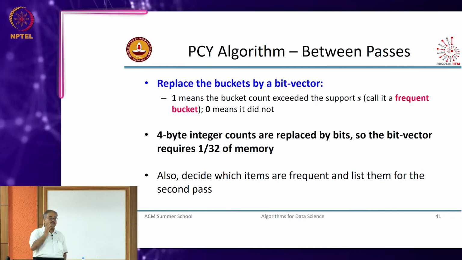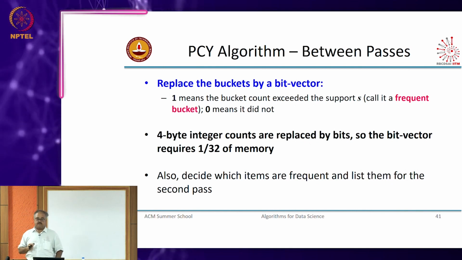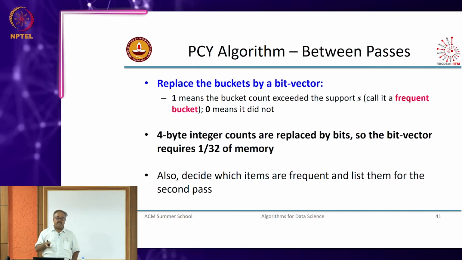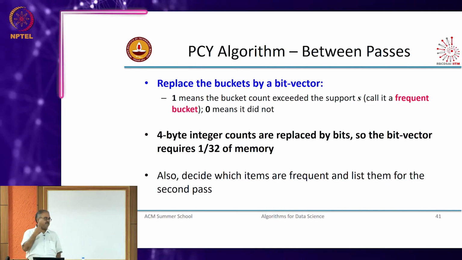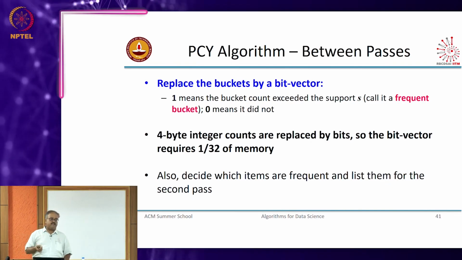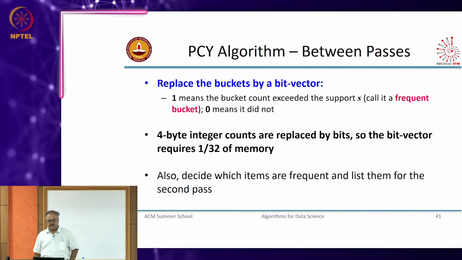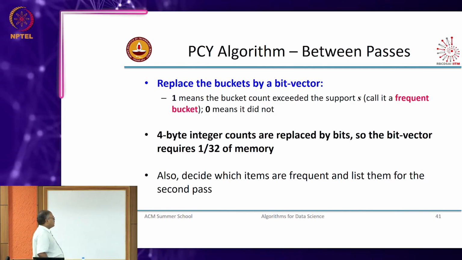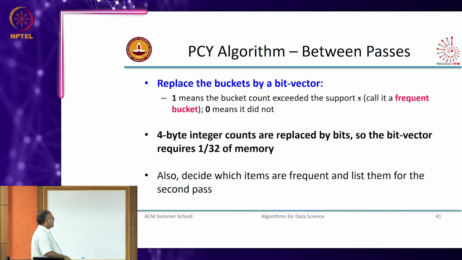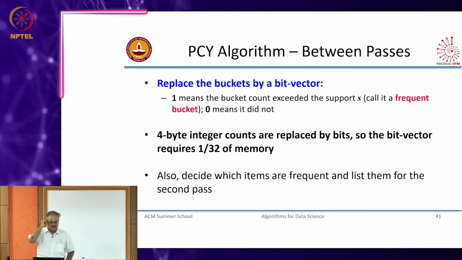I do not need to know the actual count, I just need to know whether it was above the threshold or below the threshold. If the bucket count exceeded the support, I will put a 1 in the bit. If it did not exceed the support, I will put a 0. So now I have a bit vector. The 4 byte integer counts are replaced by bits, so the bit vector requires really only 1/32 of the memory, right.